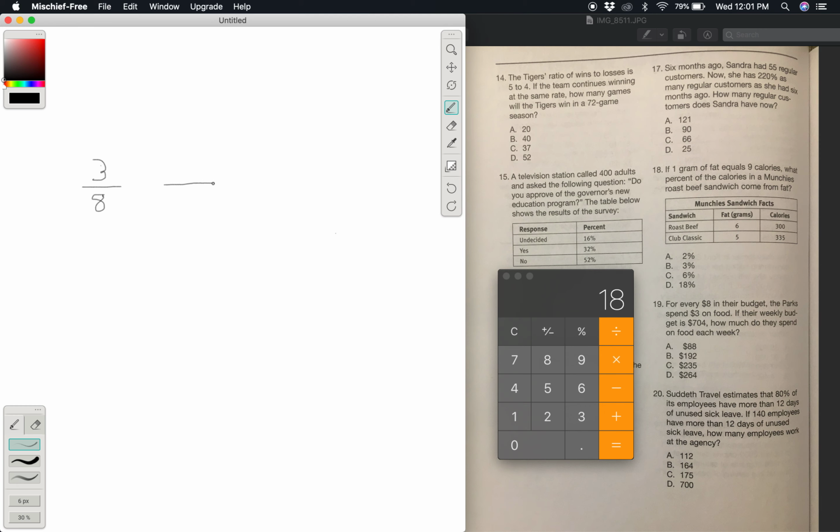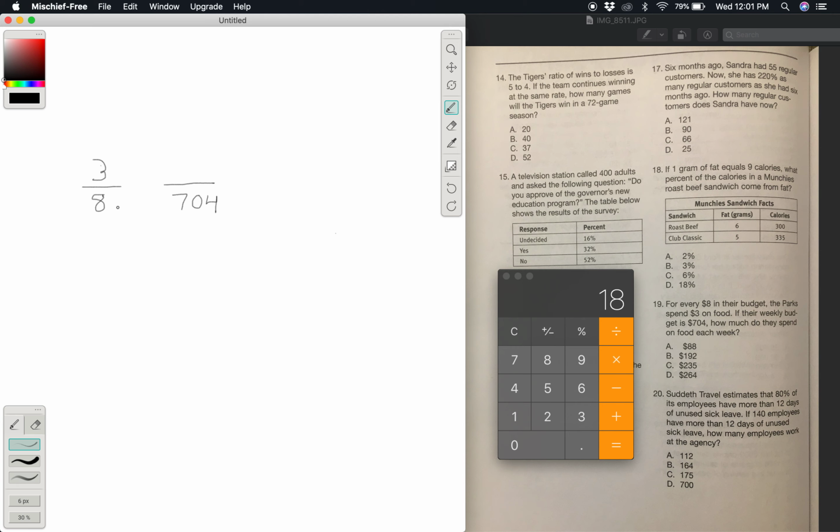In this case we're actually doing a ratio, so we don't do 100%, although this number does represent 100% of the amount that we're talking about. This 704 is 100% of the weekly budget, so you can think of it that way.